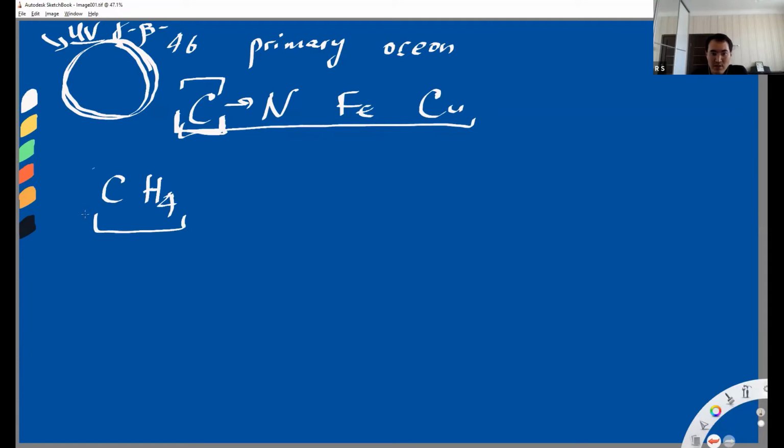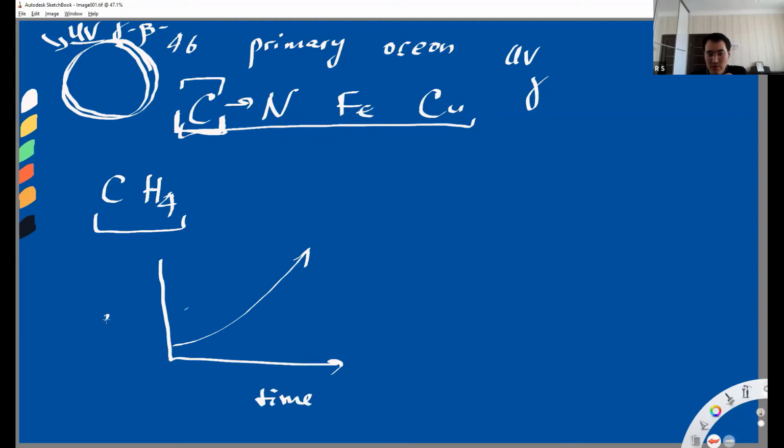And these organic molecules started growing in numbers. Also because of this constant bombarding with UV and other energies, this process was going on and on. So the complexity of these molecules was growing with time. So this is time, and this is complexity. At some point, we started obtaining molecules that were very high in atomic mass.